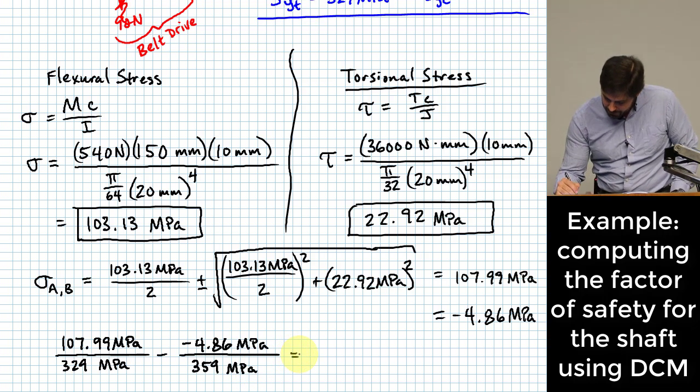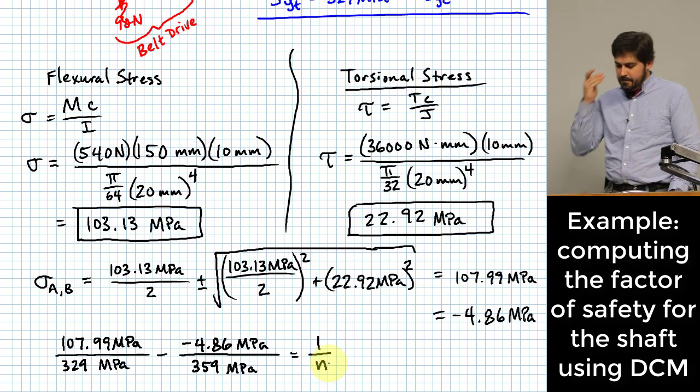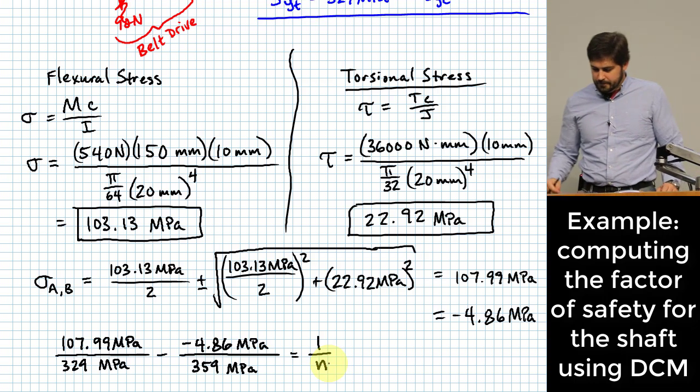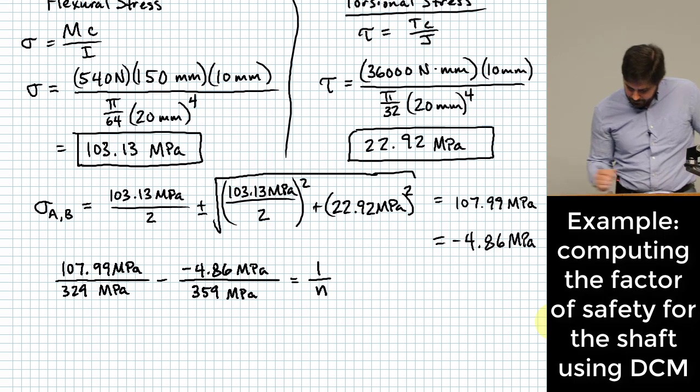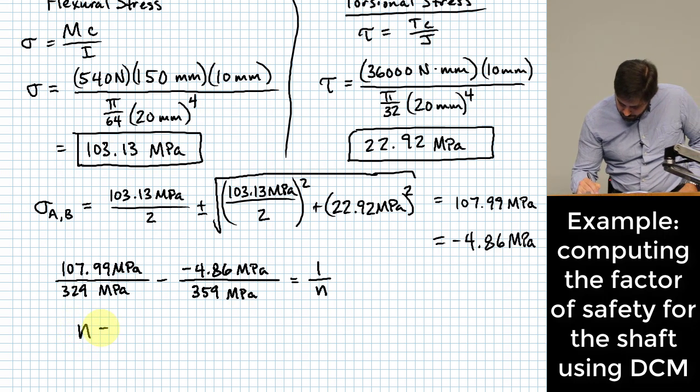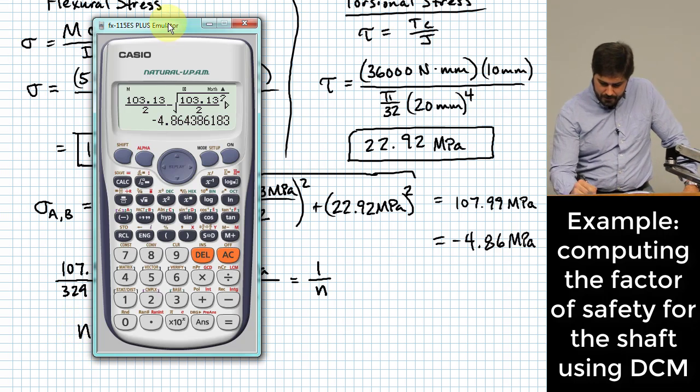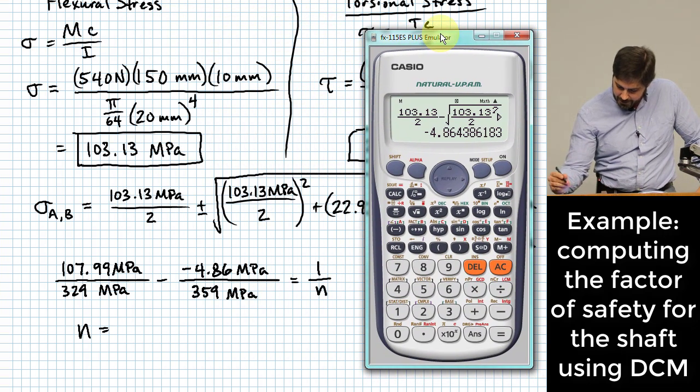This is equal to 1 over n. And therefore n is equal to, I don't have this one done already, so I'll calculate it real quick.